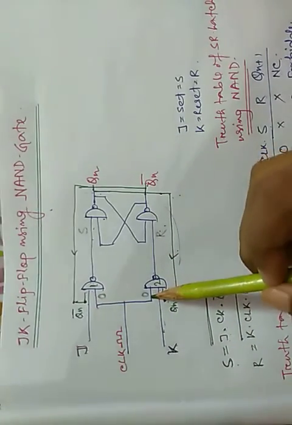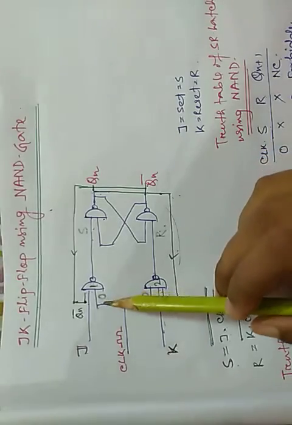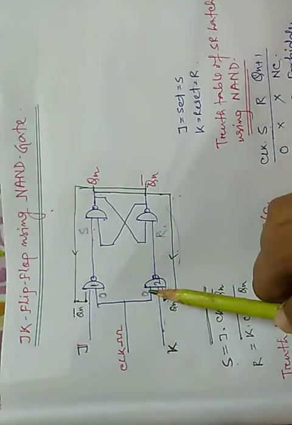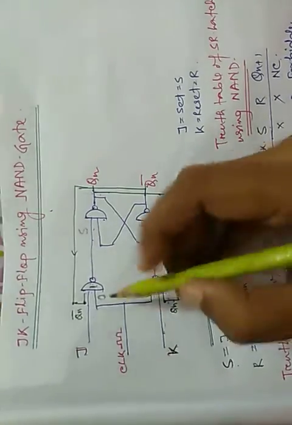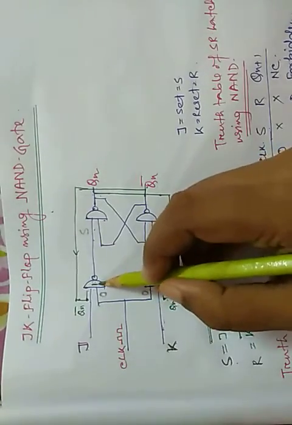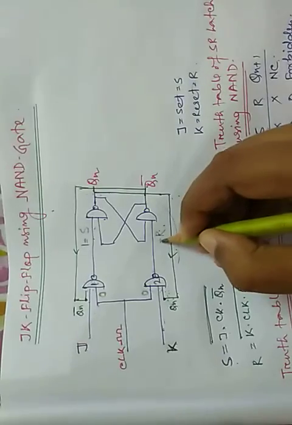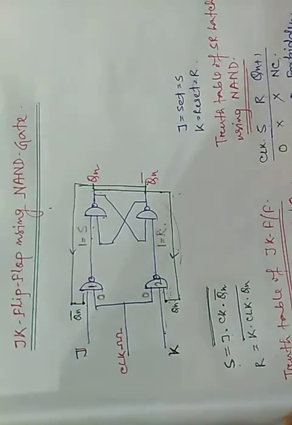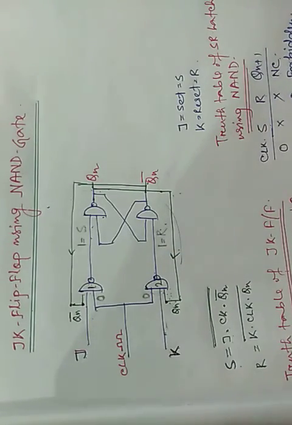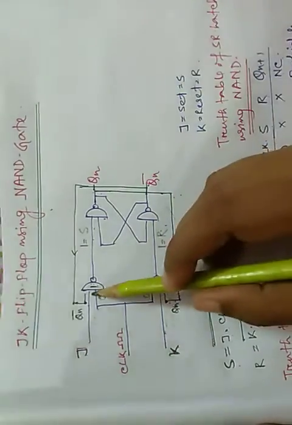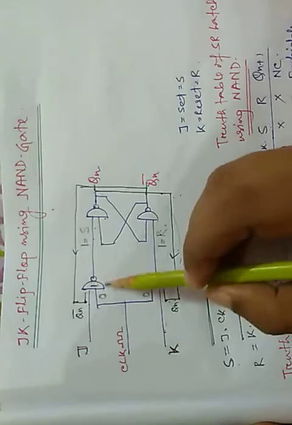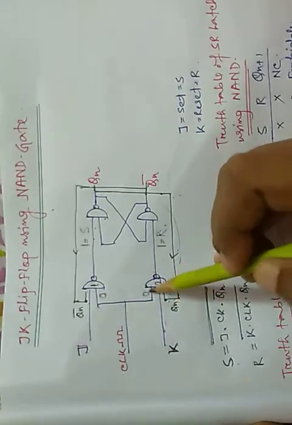For a NAND gate, if one of the input signals is 0, the output will be 1.